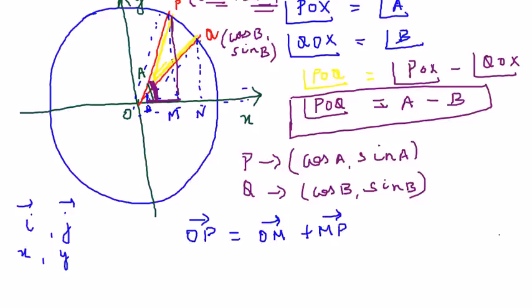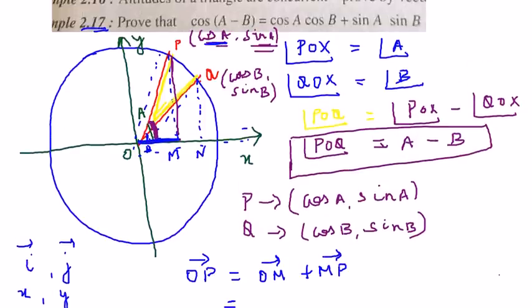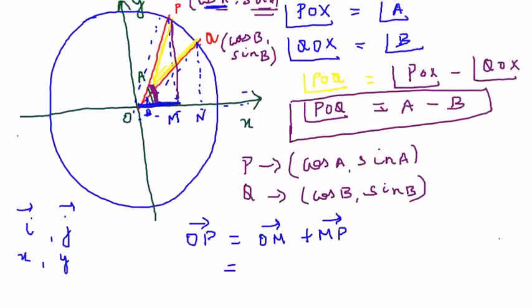OM is the x coordinate, which is cos A, and the unit vector for the x-axis is i, so it becomes cos A i vector.